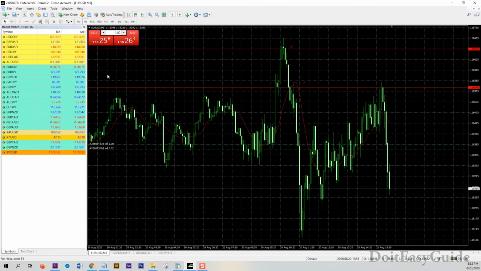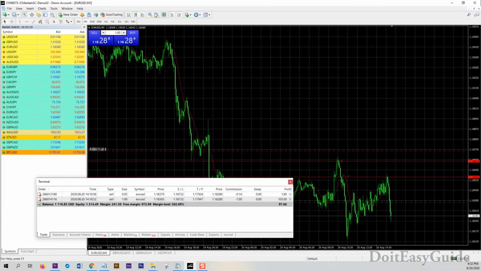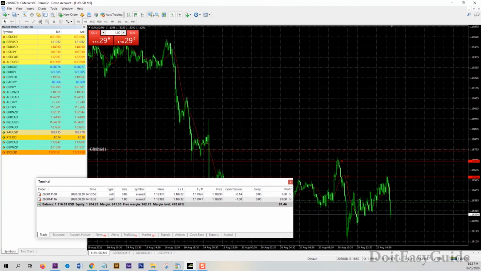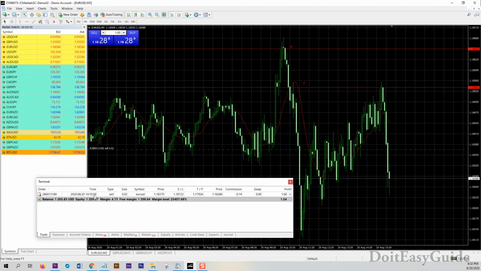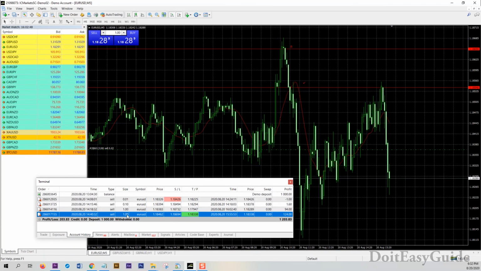All right, so this was a trade that we placed, and as you can see, I have moved my stop loss and TP. This one trade is 10 pips, means $100, and this is another trade.